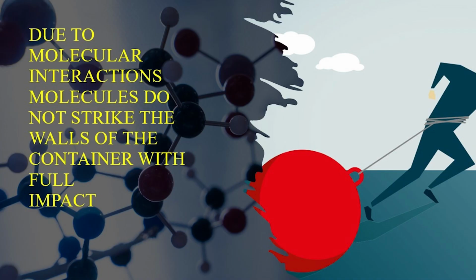Now, molecular interaction starts operating. Due to these molecular interactions, molecules do not strike the walls of the container with full impact because these molecules are dragged back by other molecules due to their molecular attractive force.